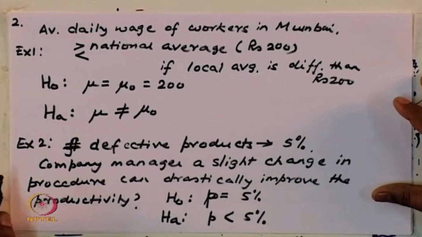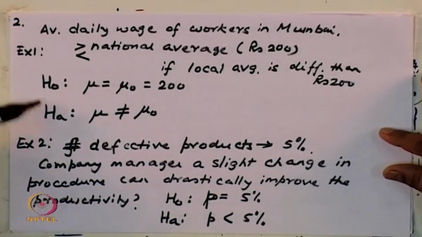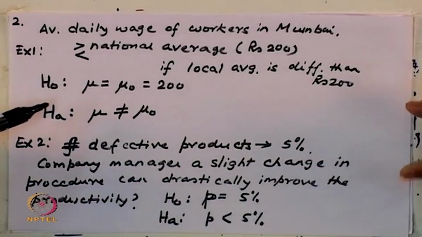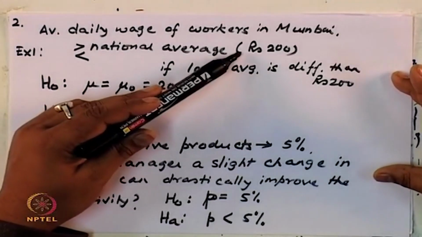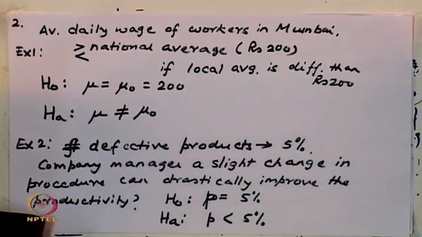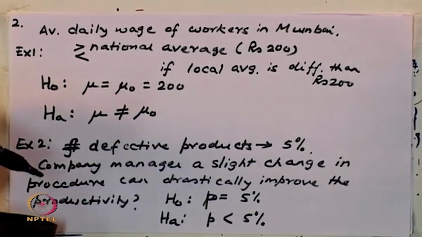There is a difference between this and the earlier case. There I can accept a difference so long as the local average is drastically different from 200. An answer of 100 may be drastically different, or an answer of 500 will also qualify as different. So long as it is not 180 or 190, we can say with certainty that this is drastically different.